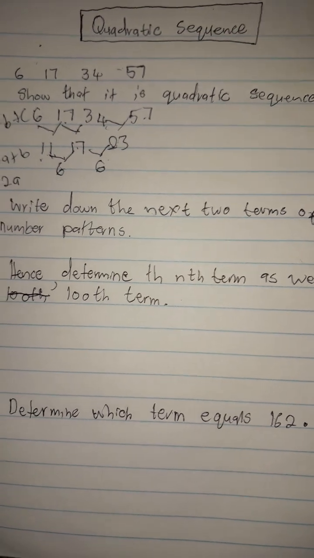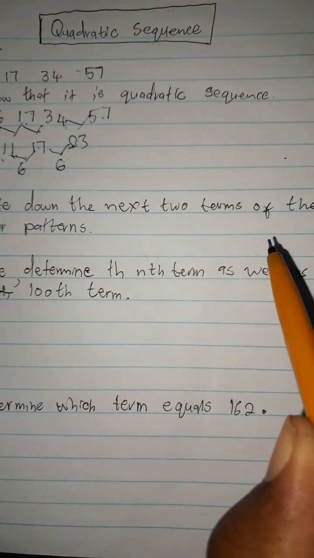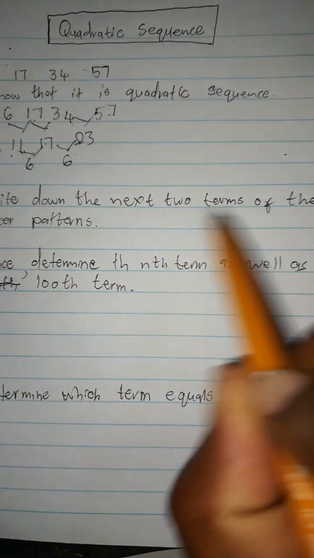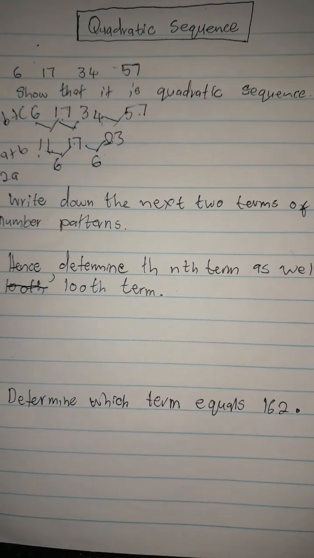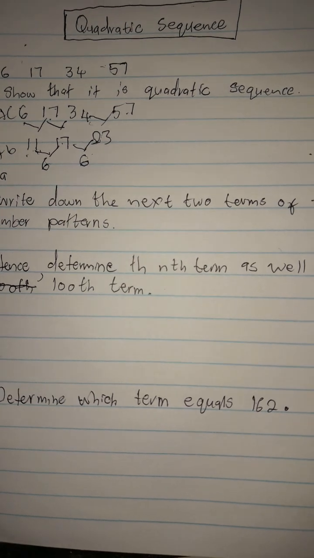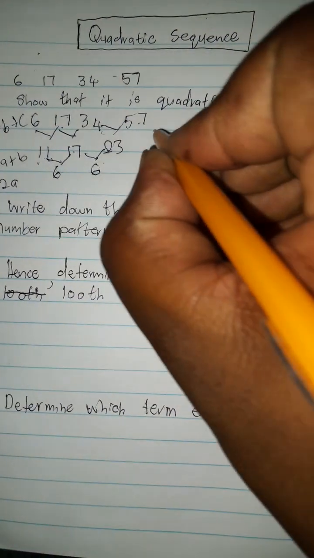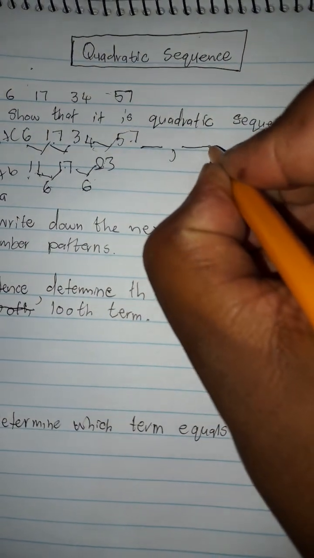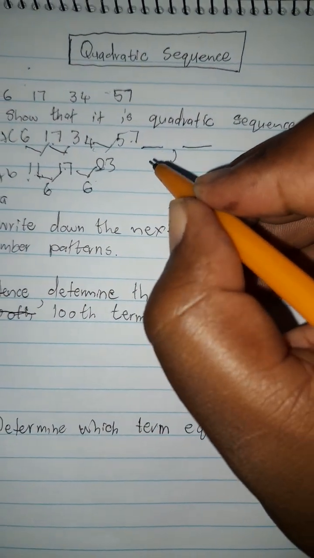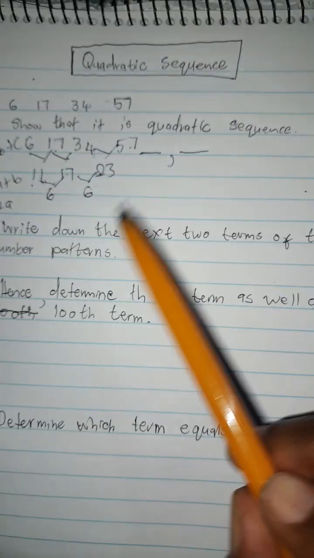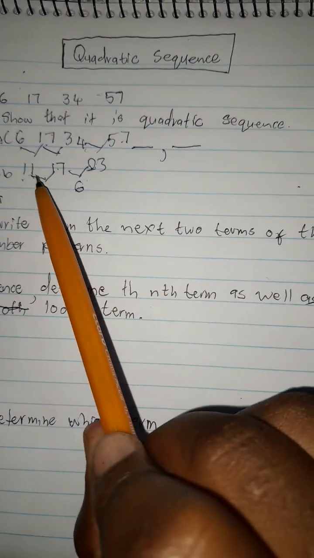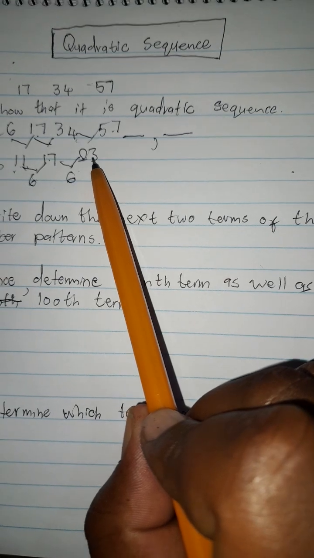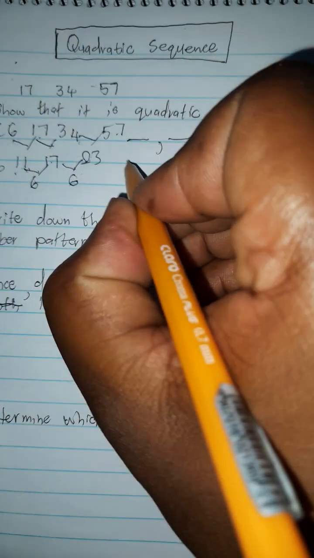So what is next? Write down the next two terms of the number pattern. To write down the next two terms, let's continue from here. Remember, for us to get the next consecutive term of the first differences, if I say 11 plus 6, I get 17. 17 plus 6, I get 23. 23 plus 6, I get 29.